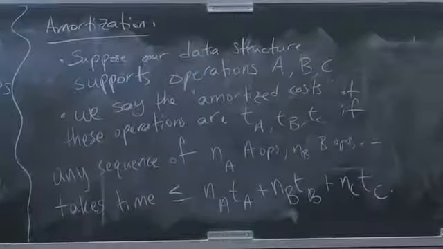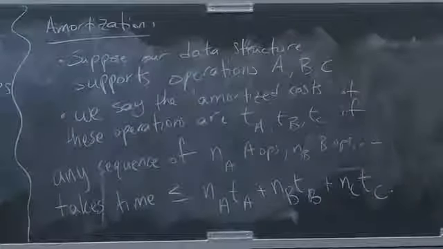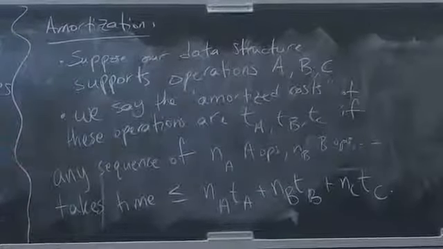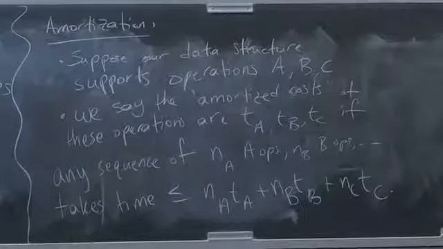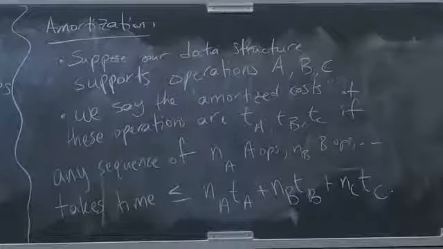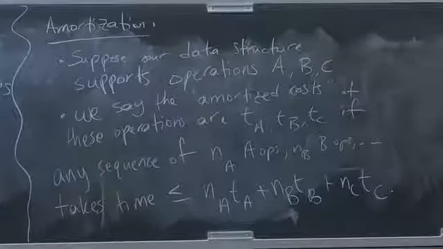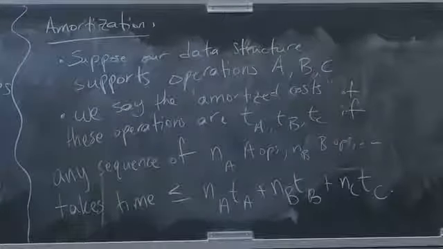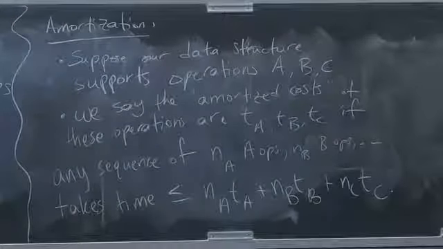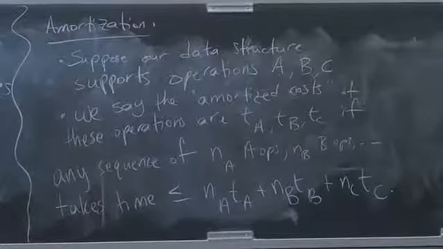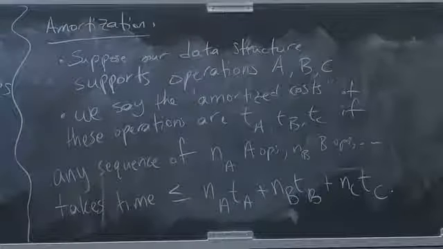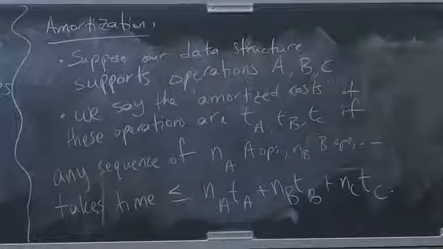Okay. So usually we talk about worst case running times for, say, data structures. So a balanced binary search tree, a red-black tree, takes log n time to do a search. If we say that it takes log n amortized time to do a search, it means that if we do k searches in a row on a data structure of n items, then it should take us at most k times log n steps total.